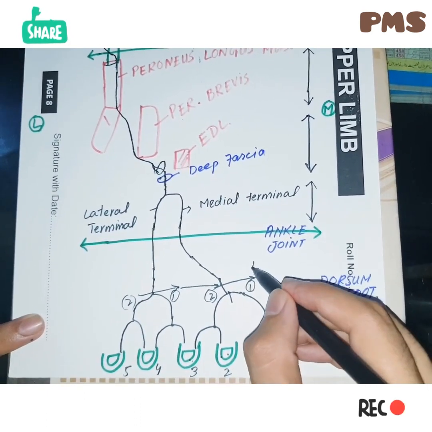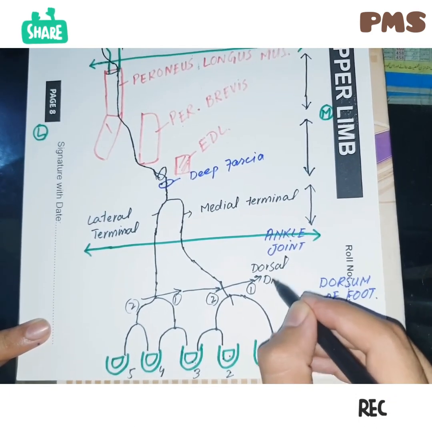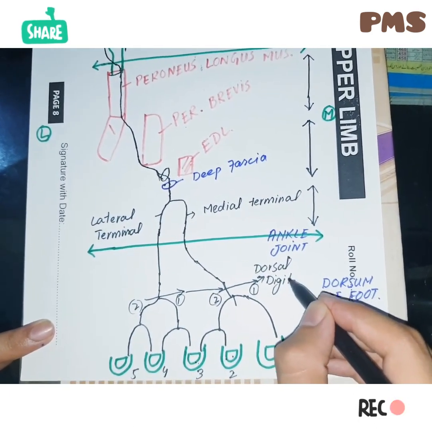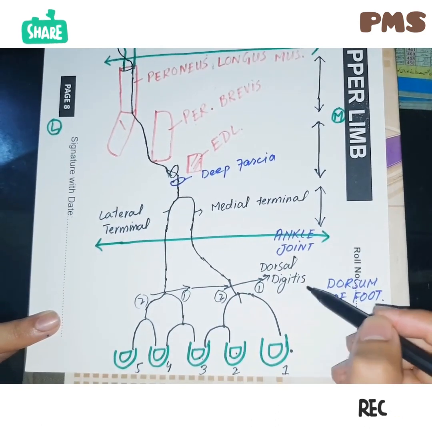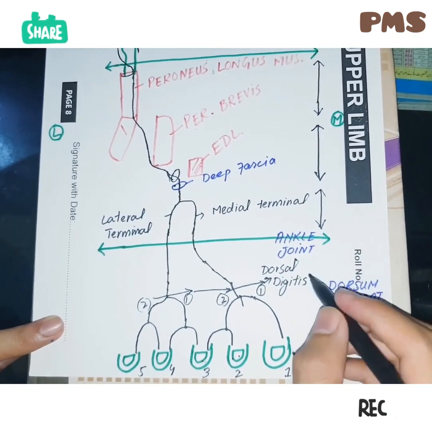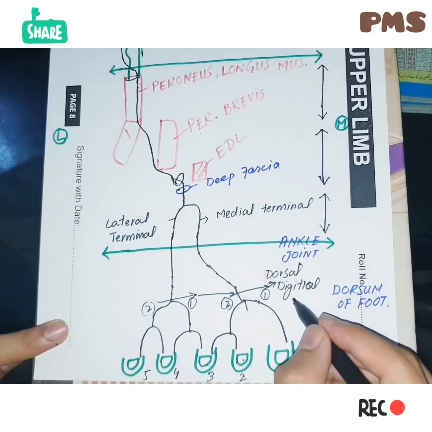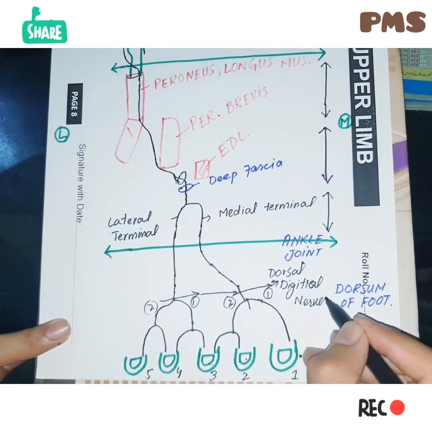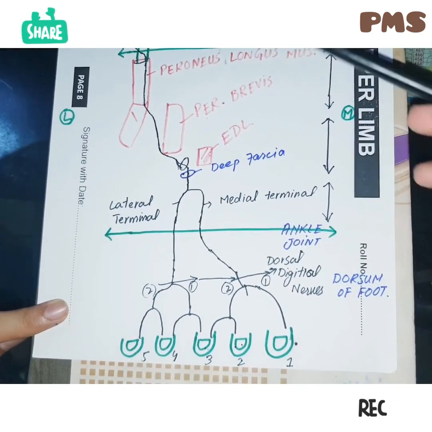Because they are going to supply the digits, these are the dorsal digital nerves, or branches of the medial and lateral terminal branches of the superficial peroneal nerve.